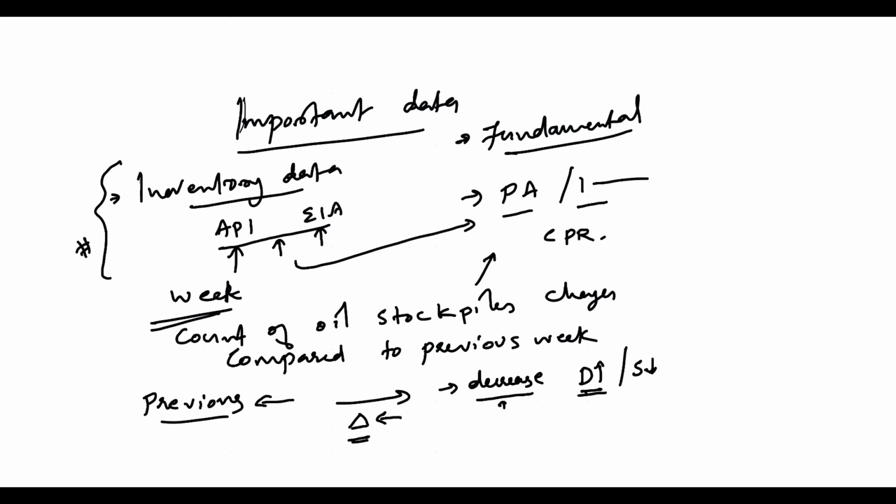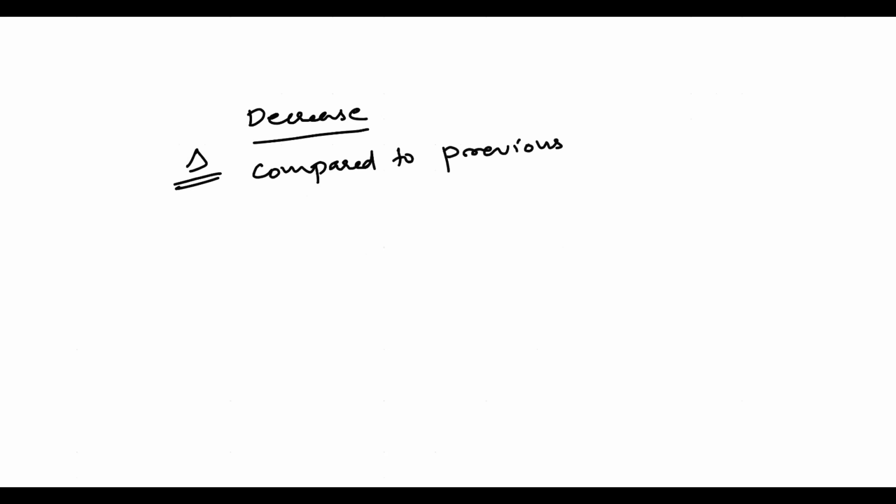So if there's a decrease compared to the previous week, when you look at the change, what does this mean? This means there's a huge demand compared to the previous week because there are more consumers.